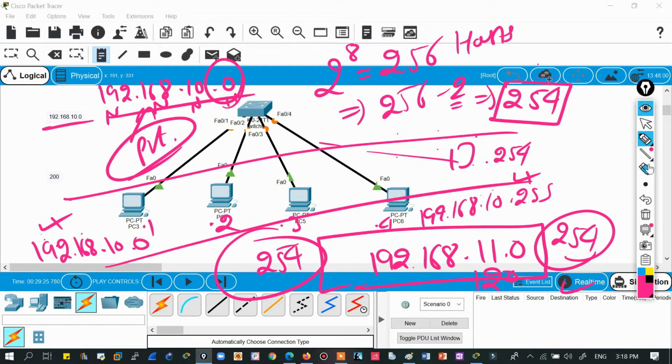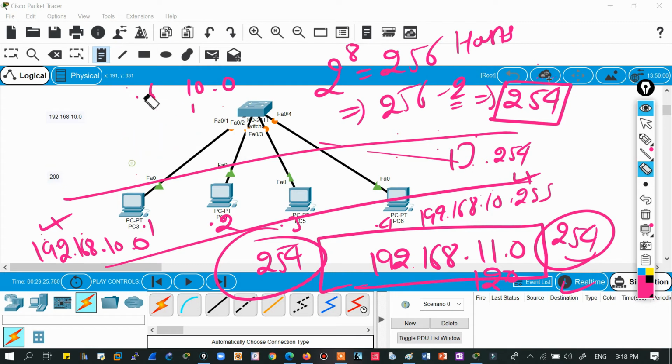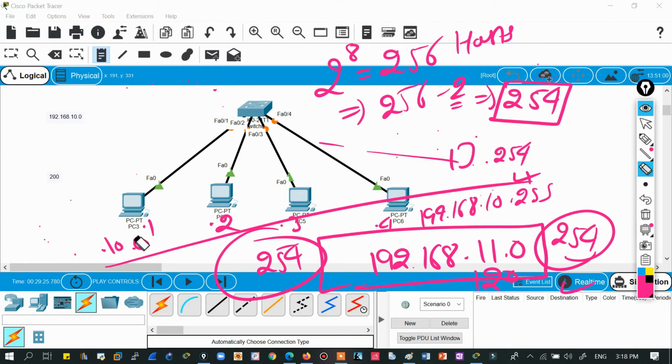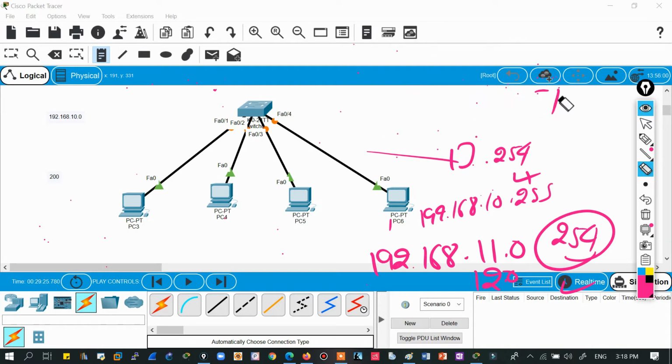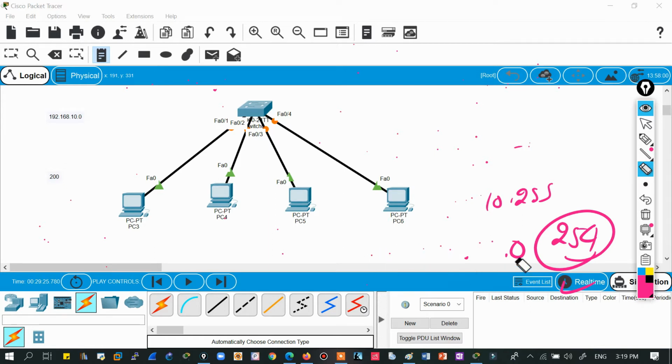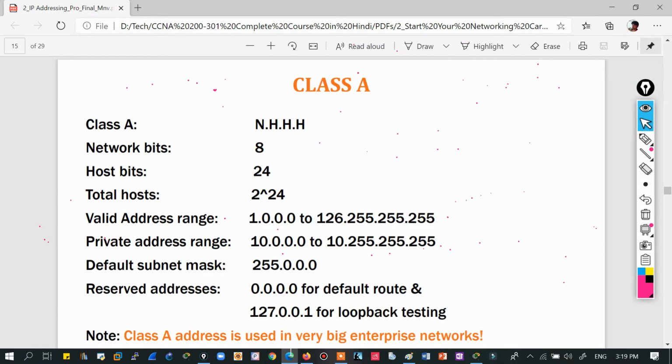See, in class A networks are fewer but IPs are more, but in class C networks are a big number, but per network there are only 254, 256 IPs, meaning very few IP addresses in a single network. So yes, class C is designed for smaller networks and class A is designed for large enterprise networks. So I hope things are clear so far.